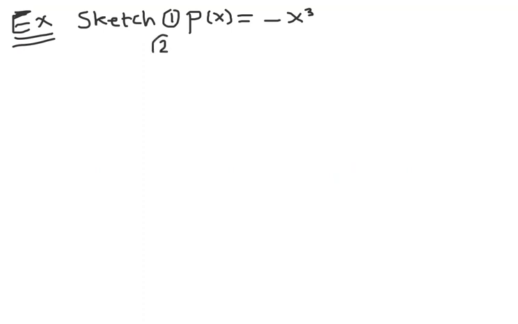The second one is q of x equals (x minus 2) to the 4. I give you about 2 minutes to think about how we can graph or sketch both of them, and then I will solve it.